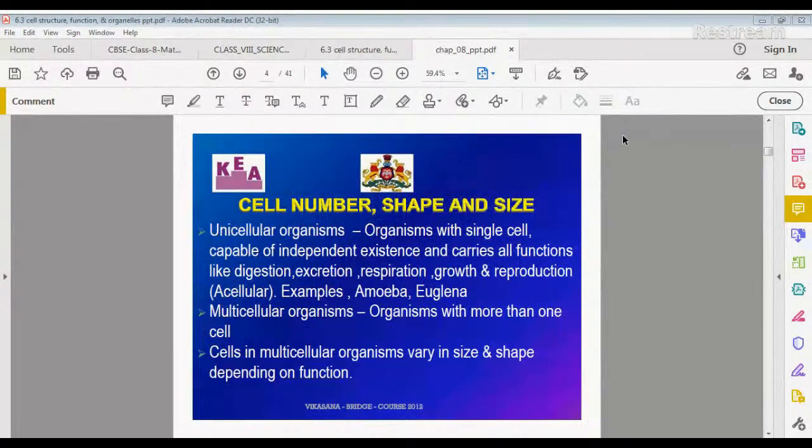Next is cell number, shapes, and sizes, which I was just talking about: organisms show variety in cell number, shape, and size. Organisms made of more than one cell are called multicellular. Here multi means many and cellular means cell.